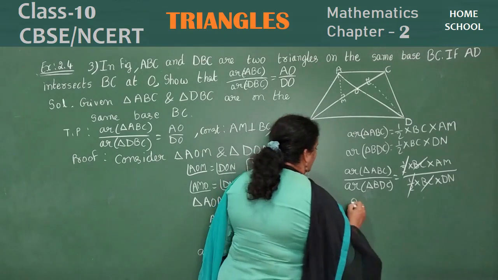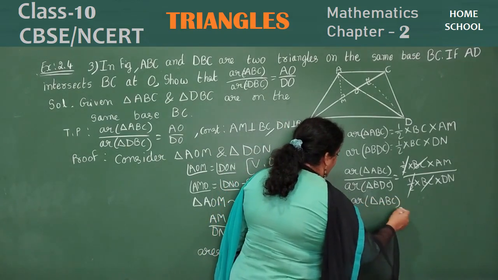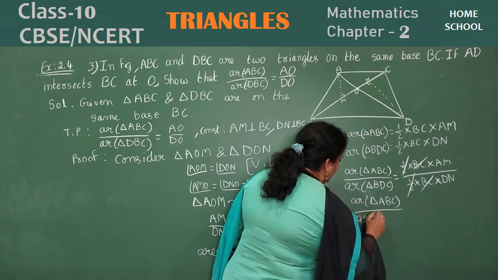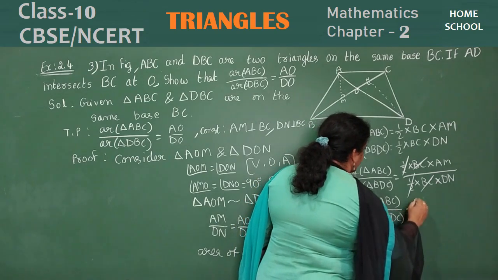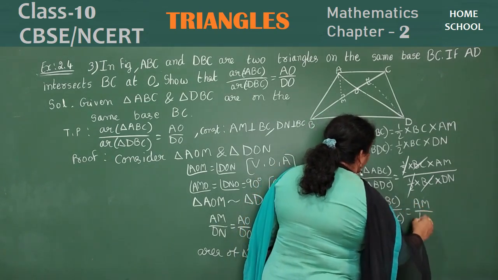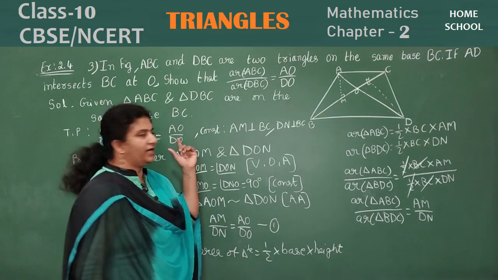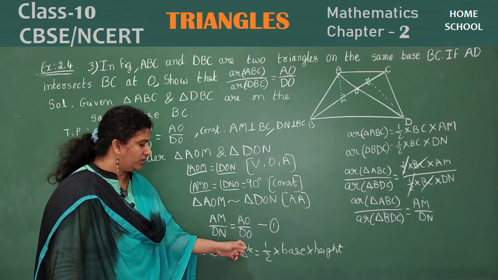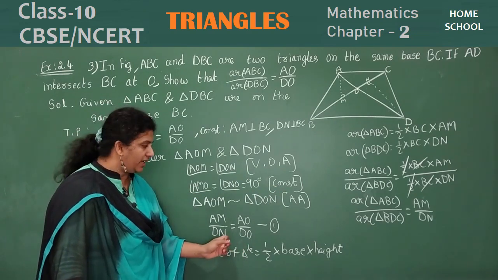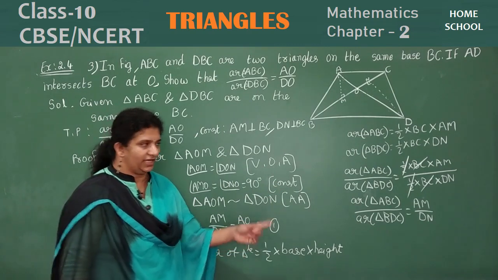Now area of triangle ABC by area of triangle BDC is equal to how much, children? AM by DN. Okay, so is our proof completed? No. What is AM by DN? By the first equation, I can write it as AO by DO.